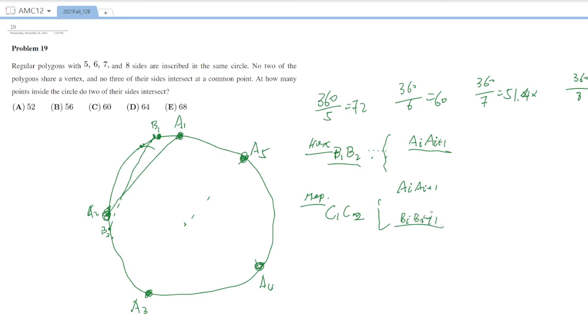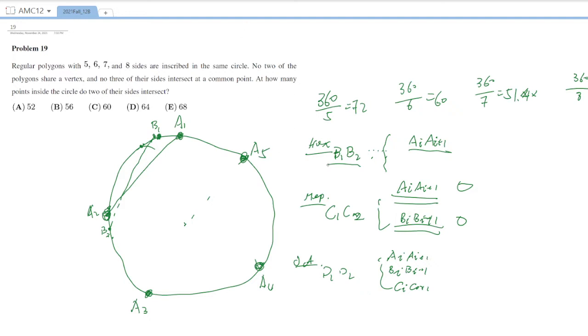I can see them separately, because we count the intersections with the pentagon, then the hexagon, and add them together. The last one is the octagon, D1, D2, that is Di plus 1. We can see it with Ai plus 1, Bi plus 1, and Ci plus 1. So we can count this problem systematically.